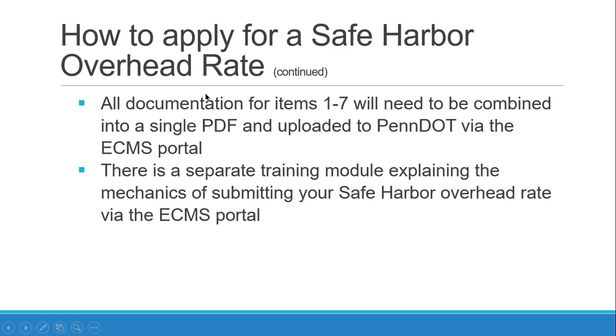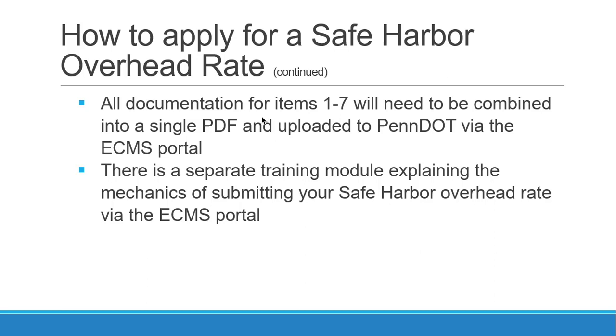So those were 7 items that we went through that need to be completed. And once you complete all of these items, you will need to combine those items into a single PDF and upload those to PennDOT via the ECMS portal.